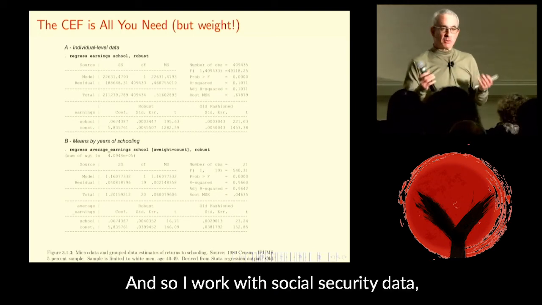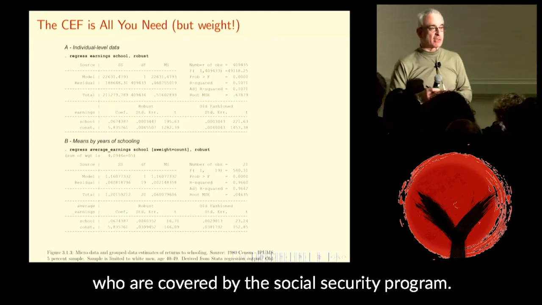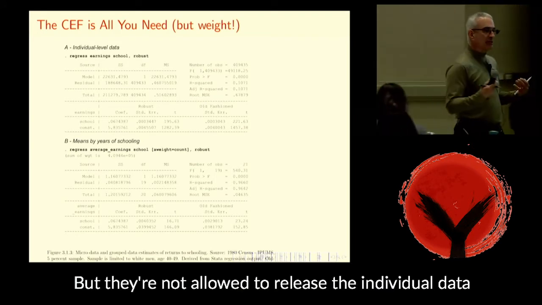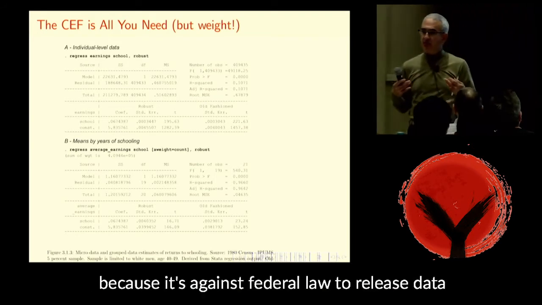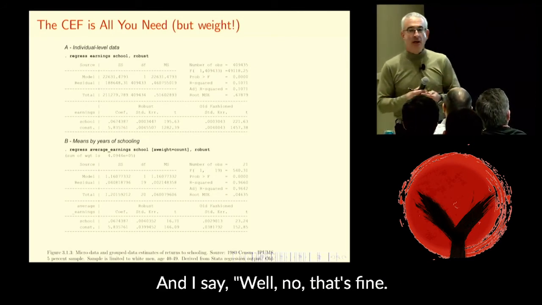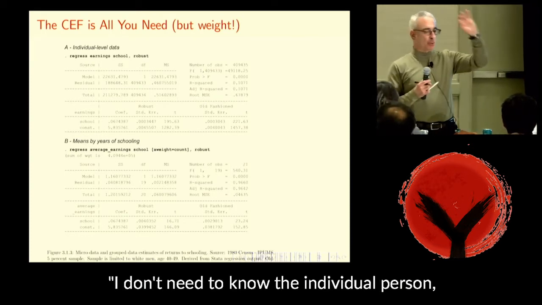And so I work with Social Security data, which has earnings of all Americans who are covered by the Social Security program. But they're not allowed to release the individual data because it's against federal law to release data collected for tax purposes. And I say, well, no, that's fine. I don't need to know the individual person.